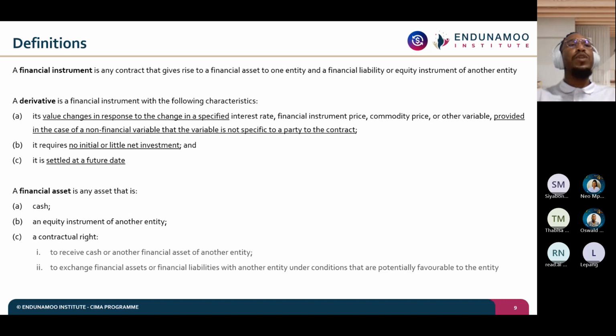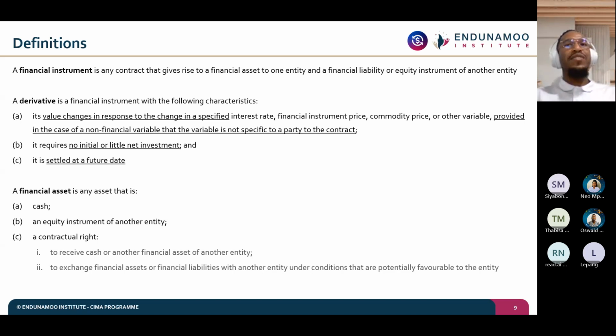Another definition that we need to be well versed, or au fait rather, with is a derivative. A derivative is a category of financial instruments, but one that has the following characteristics. Firstly, its value should change in response to the change in a specified interest rate, financial instrument price, commodity price, or another variable, provided that in the case of a non-financial variable, that variable is not specific to a party to the contract.